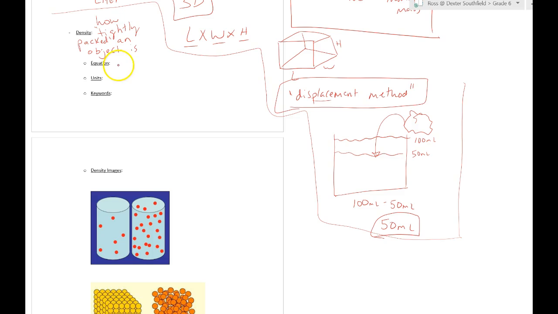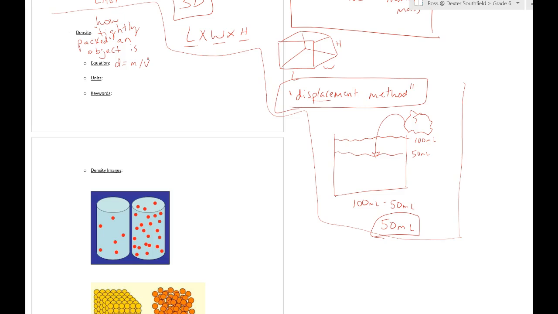So the equation, therefore, is density, D, equals m divided by v. If we're thinking of mass being the amount of matter and volume being the amount of space, what we're thinking about is how much stuff, how much matter is packed into that tiny bit of space.